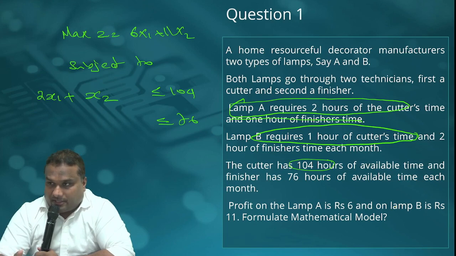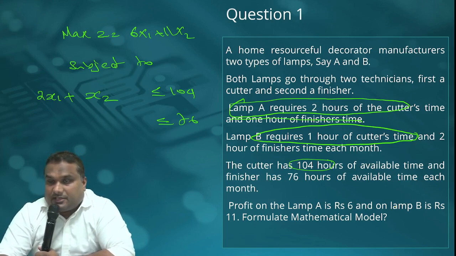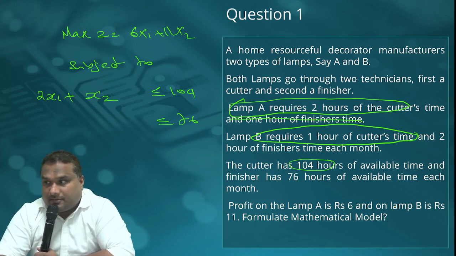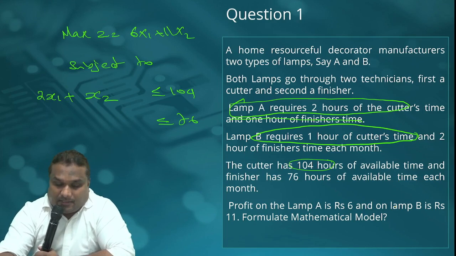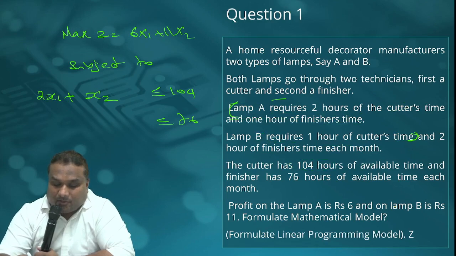Deal or no deal? Now, the next constraint is that we have only 76 hours of available time of finisher. Let us discuss how the finisher's time is going. Read the dialogue: Lambier requires 2 hours of cutter's time.